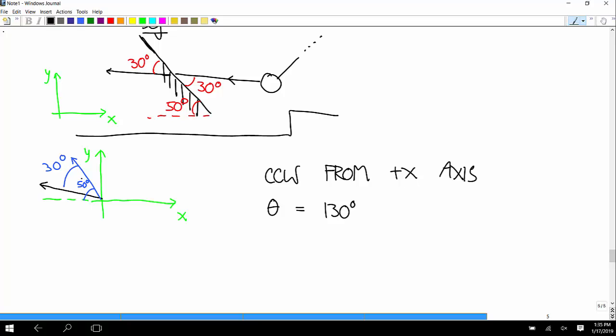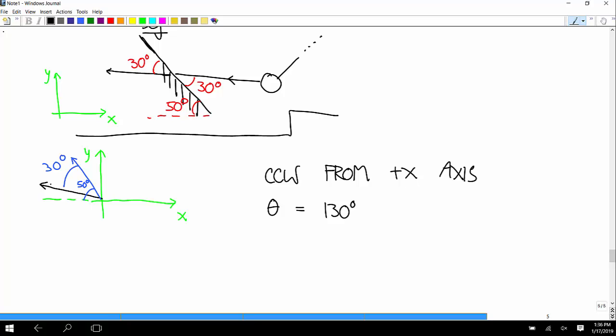And so now how do you get counterclockwise from that first blue vector to the one that we want? How far do you have to go? But so now you just need to go counterclockwise 30.